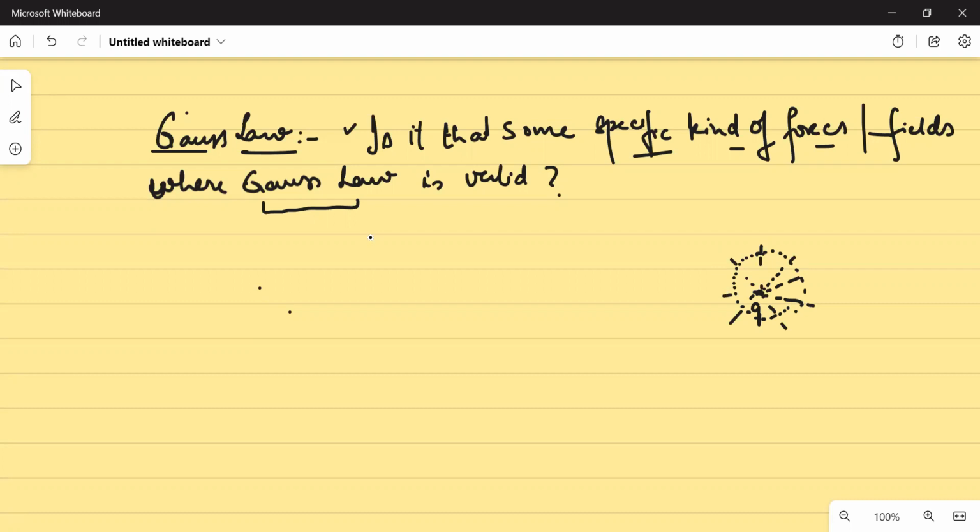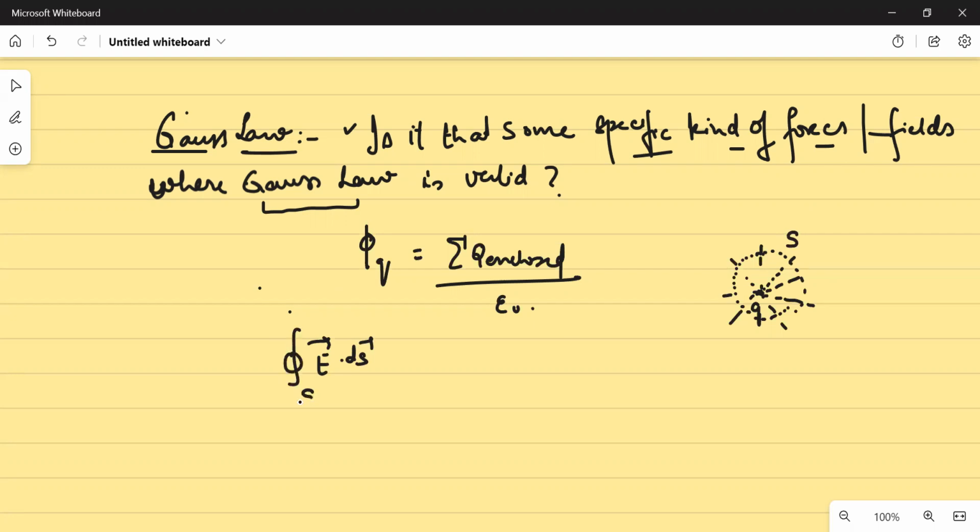The net flux linked through this surface is given by the net charge enclosed within that surface divided by epsilon. So net flux enclosed means E dot ds we have to find. Let's say this particular surface is S. Whatever net flux is linked to this surface gives you total charge enclosed divided by epsilon naught. Here total charge is small q.